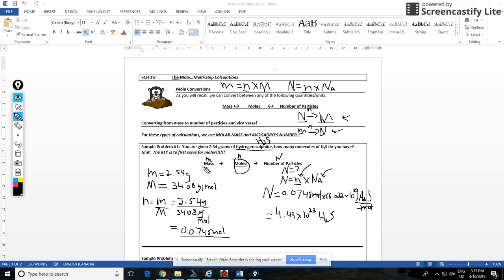So I had to convert from mass to moles first, and then from moles to particles after. The common link between the two formulas is the number of moles. So the goal is to convert to mole and then convert to whatever you're looking for. We'll try one more problem together.